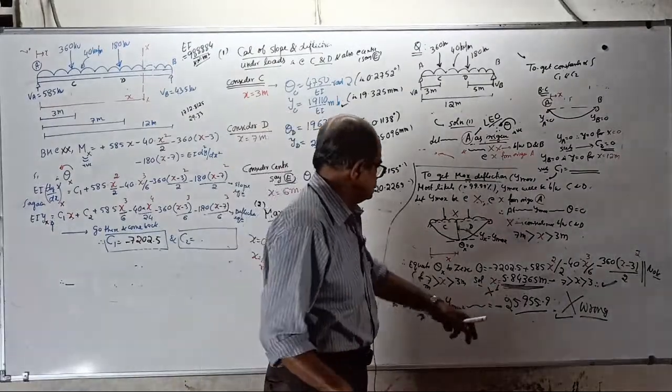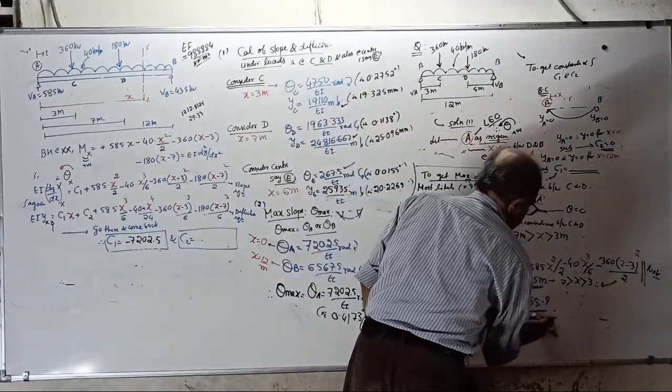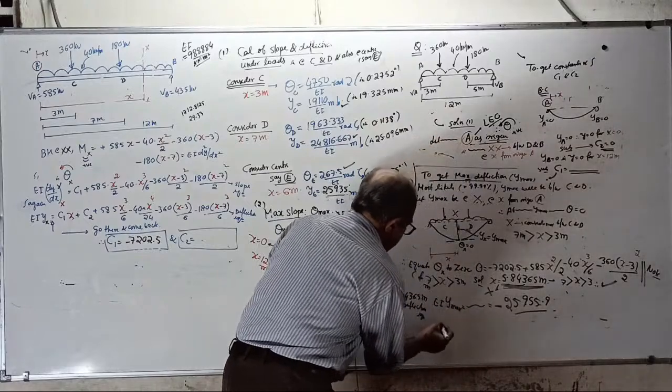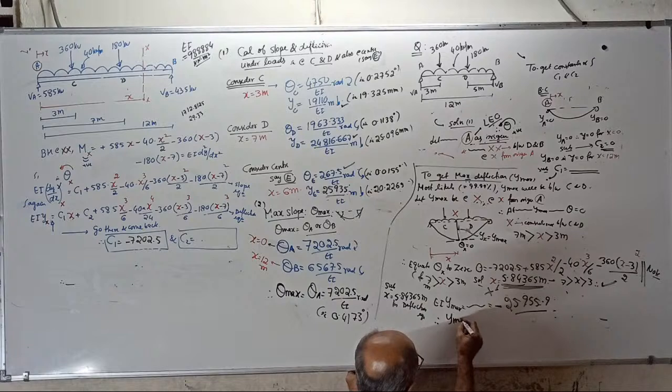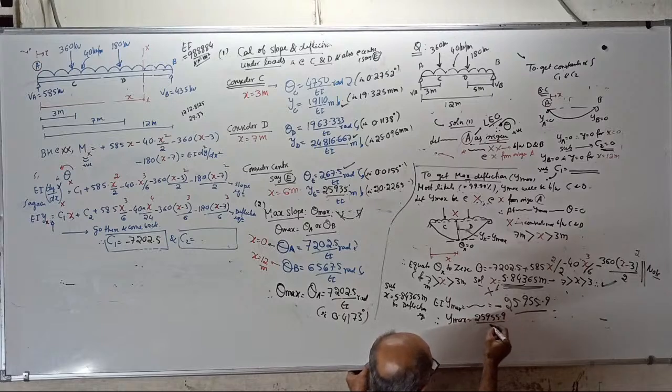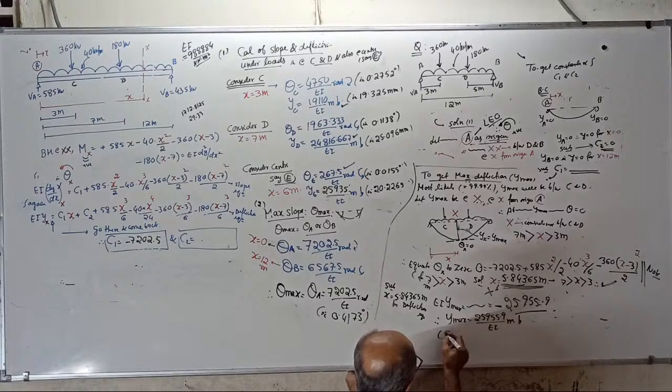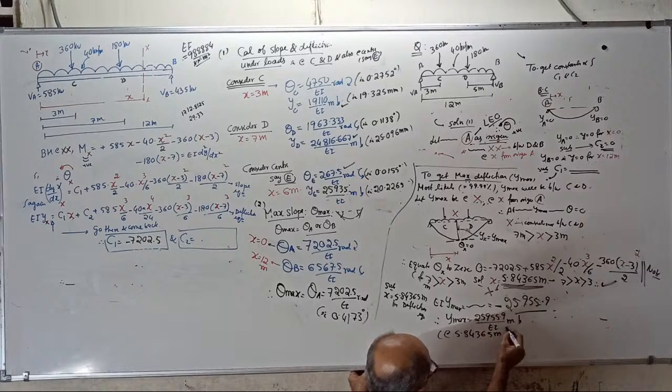Okay. Therefore, I will write here y max equal to 25955.9 by EI meter down at 5.84365 meter from A.